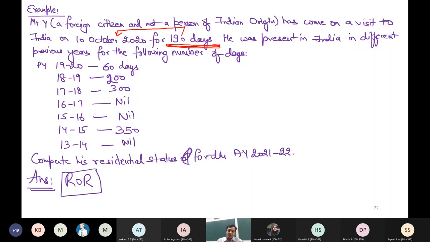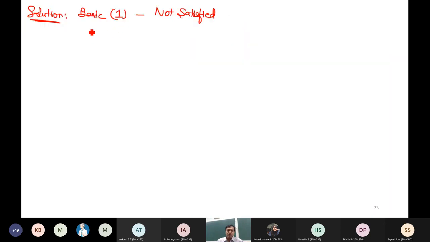Since I have come on 10th October in the previous year 2021, for how many days of October have I stayed here? 31 minus 9, 22. Okay, November, December, Jan, Feb, and March.